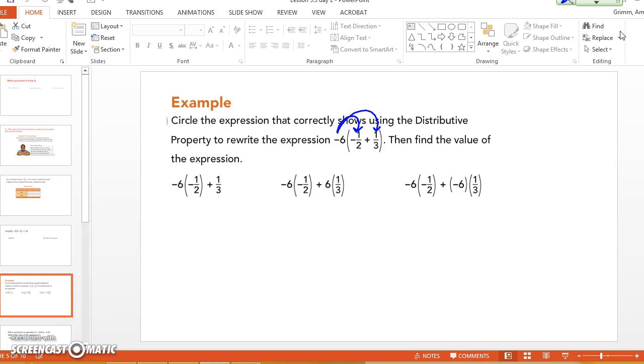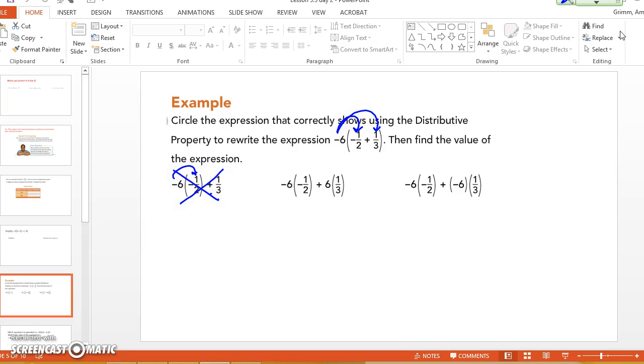First one, second one, or third one? That's the question. I think the first one. What did the first one forget to do? Okay, this one they forgot. They have to do it to both. So they did it to this one, but they didn't do it to this one. So this one's out.